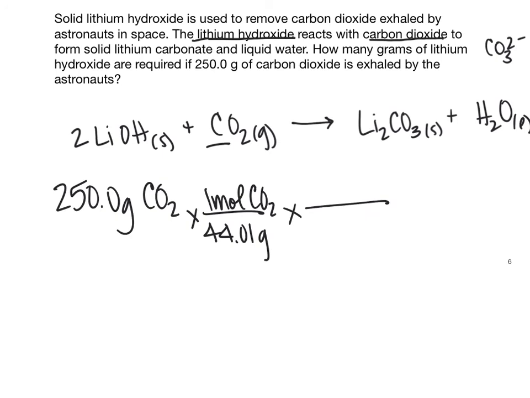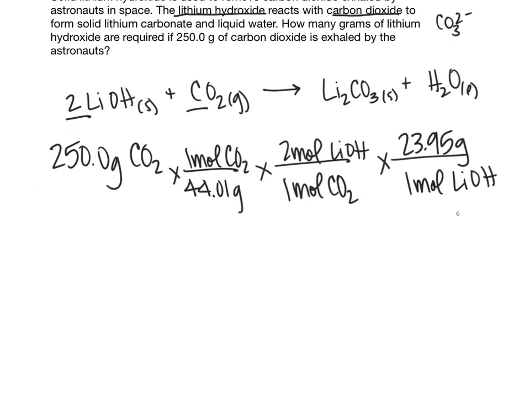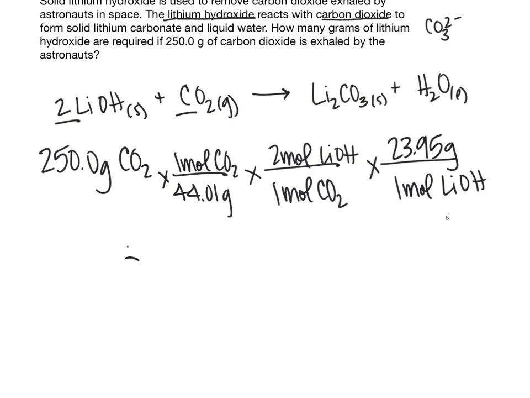Based on the equation, there is 1 mole of CO2 for 2 moles of lithium hydroxide. And then we want to convert from 1 mole of lithium hydroxide, and the molecular weight of that is 23.95 grams. Here we can plug this into our calculator and get 272.1 grams of lithium hydroxide.